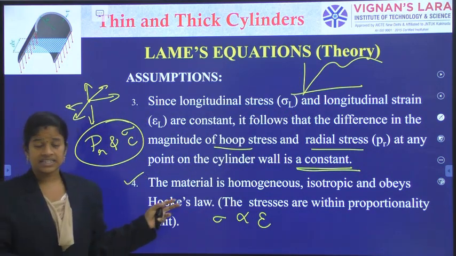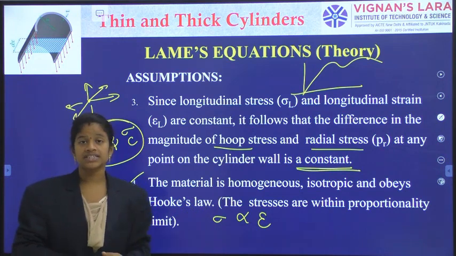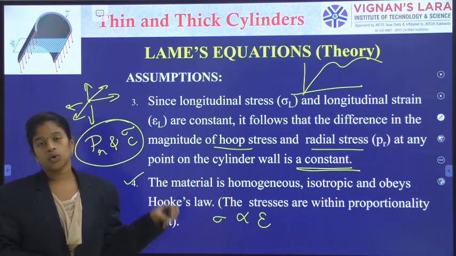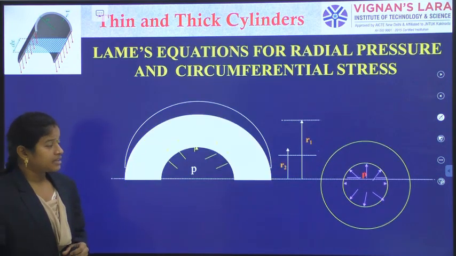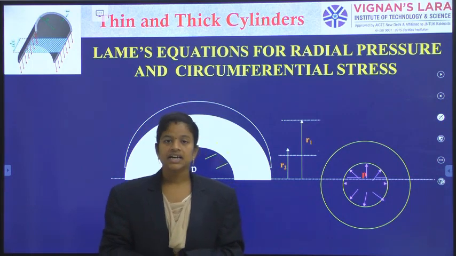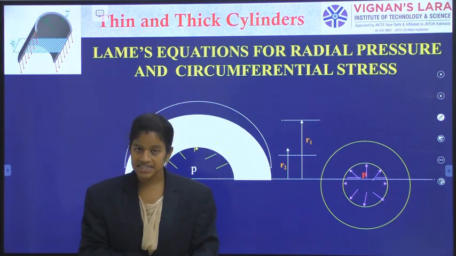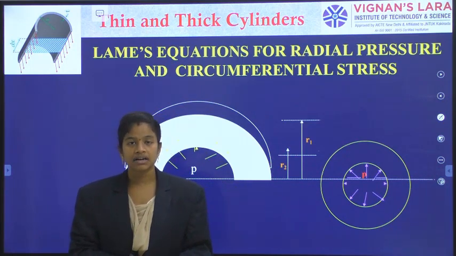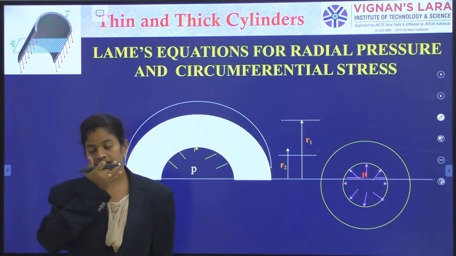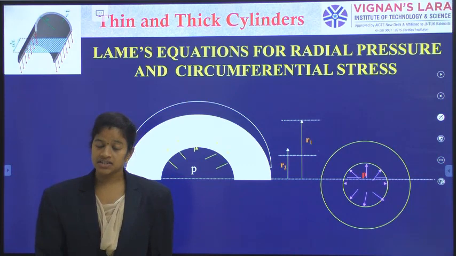And the last assumption is that the material of this particular cylinder is homogeneous, isotropic, and obeying Hooke's law. So as we have covered our assumptions: the first is regarding the cross sections, or the normal sections, in the cylinder. Next, the longitudinal stress and the longitudinal strain are always constant along the thickness of the cylinder.